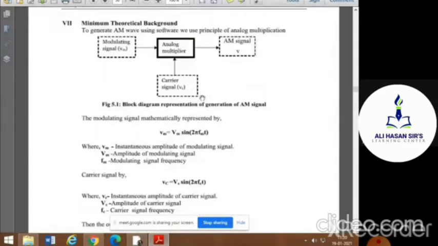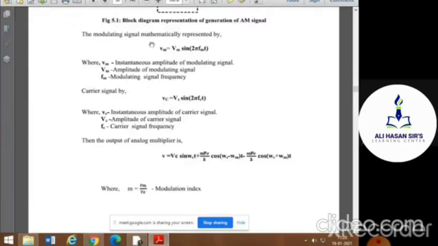The mathematical expression of the modulating signal is given by vm equal to Vm sine 2 pi Fm t. Here small vm is the instantaneous amplitude of the modulating signal, capital Vm is the amplitude of the modulating signal, and Fm is the modulating signal frequency.